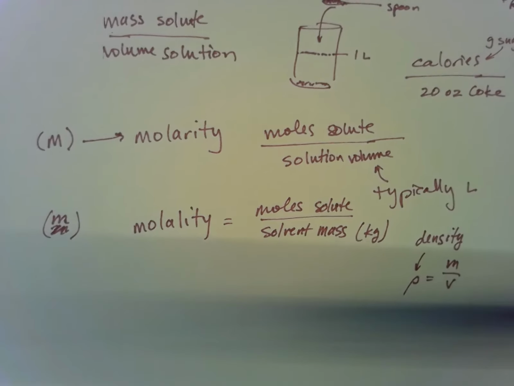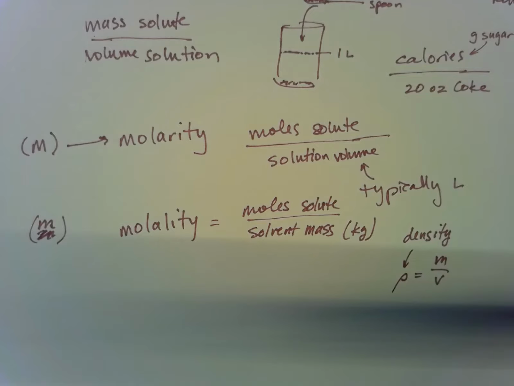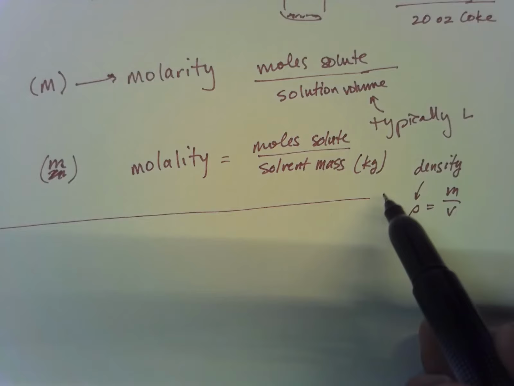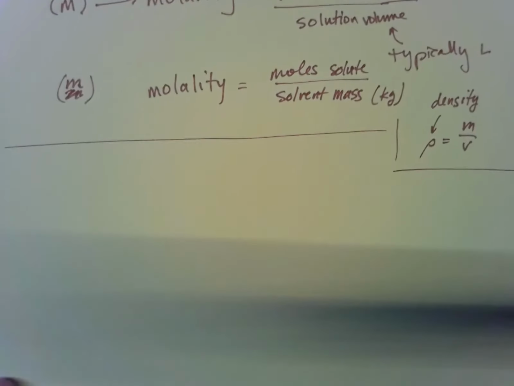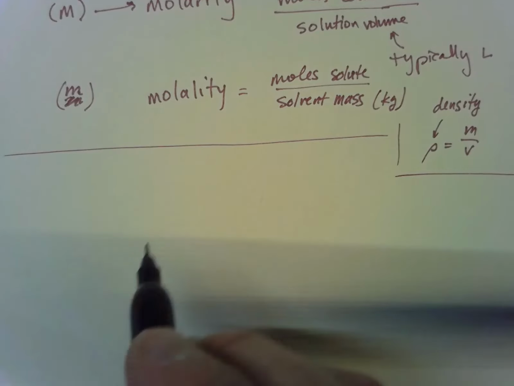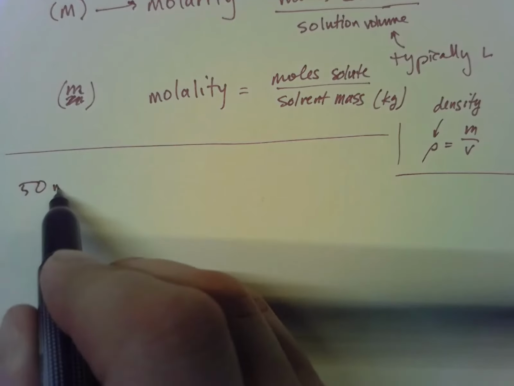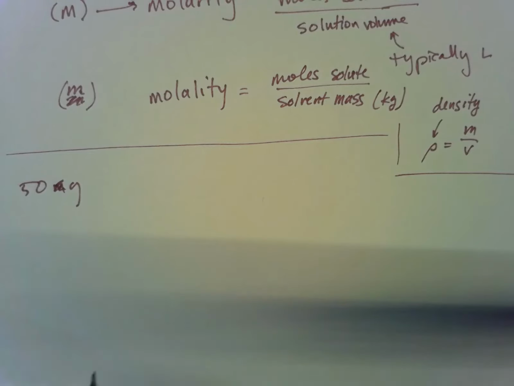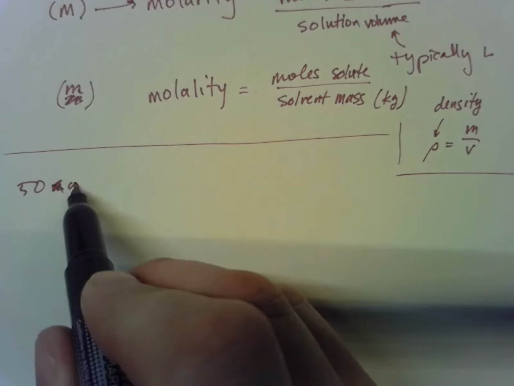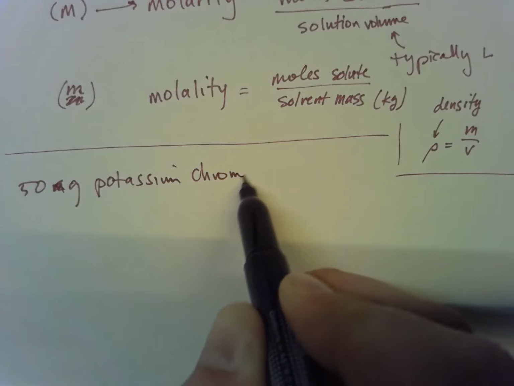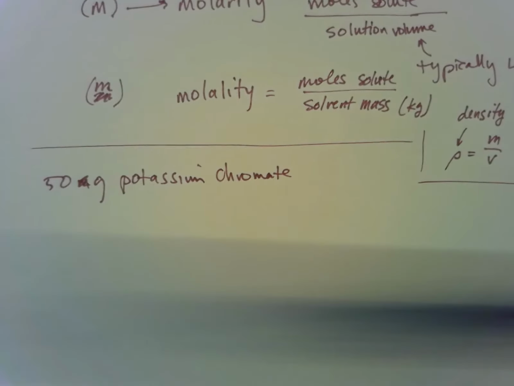All right, so let's look at some of these. I want us to be pretty good at some of these. So let's work through and talk and see what we've got here as far as examples. This chemist needs 50 grams, we're just going to work through 10-4 here, of potassium chromate for a reaction.